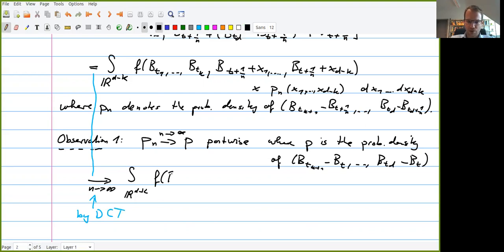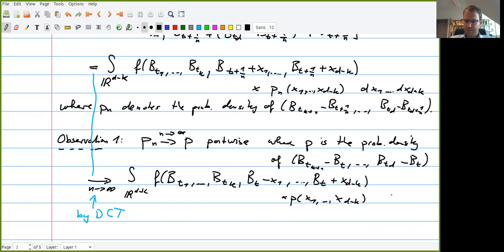This goes to the integral against the probability density p.